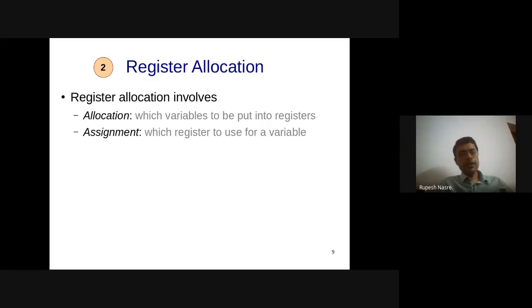Then there is register assignment, which is a kind of complementary problem, which is saying that now I have chosen these variables to be put into registers. Now I have to choose which variable will go into which register. The reason why this is important is because if I choose a particular register, I might get better efficiency. If I choose a different register, I might lose some efficiency.